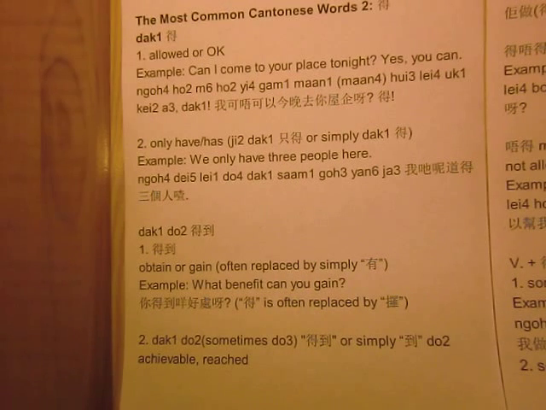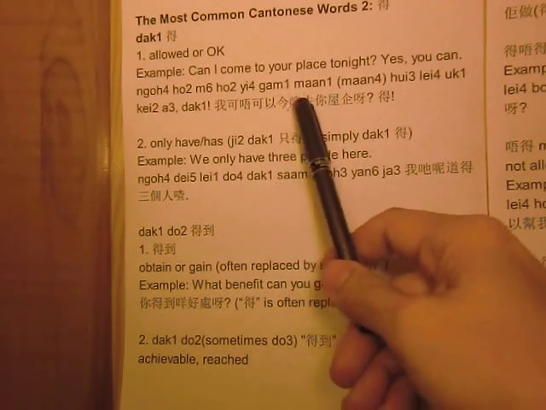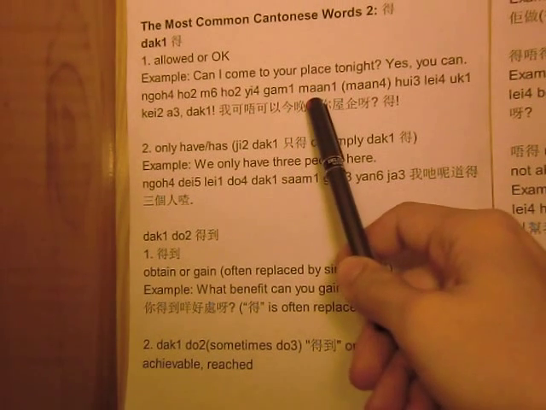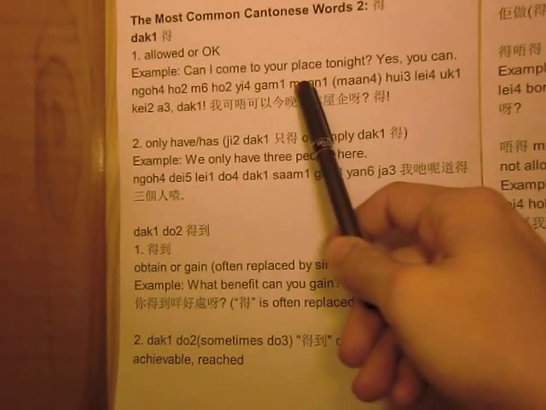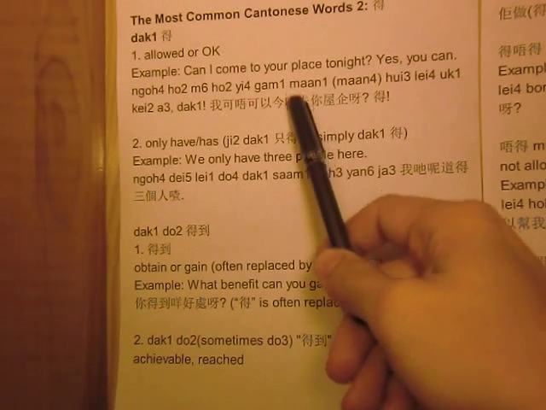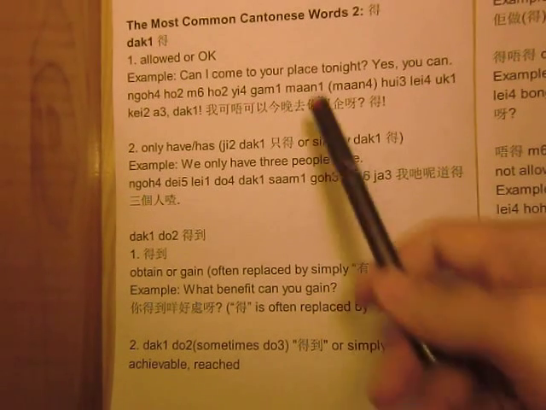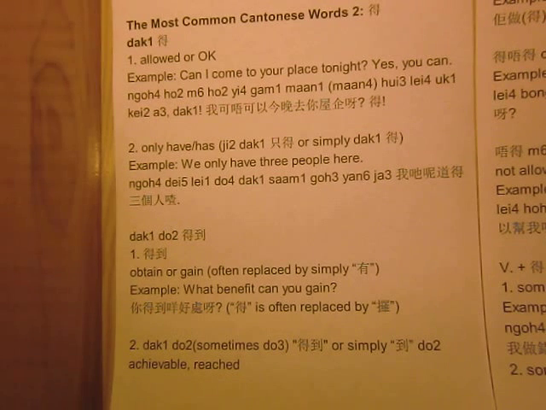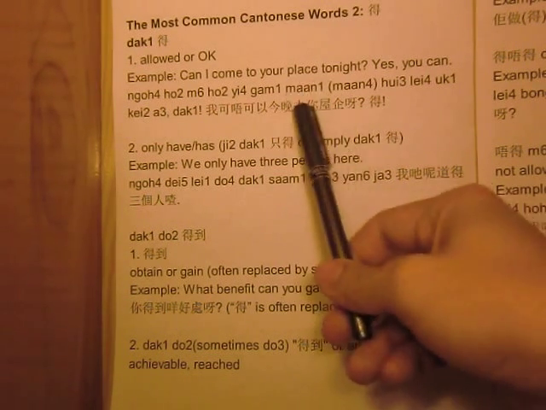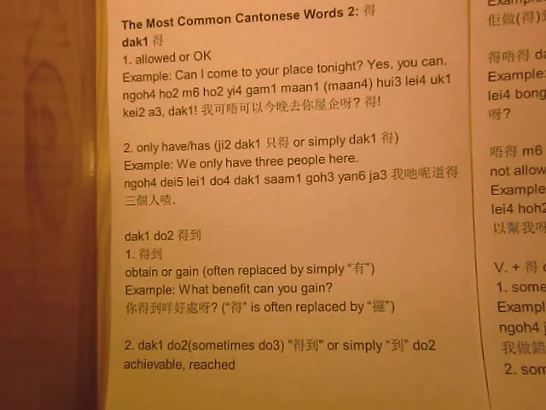Both are okay. Then 去, go or come. If it's come, normally we use 嚟, and the Mandarin word is 來. But 去 is also okay as long as it is logical.